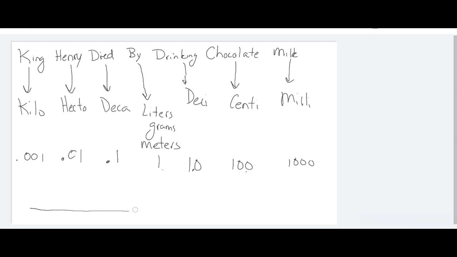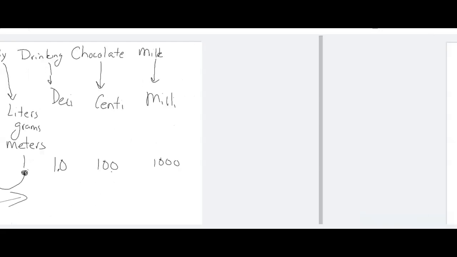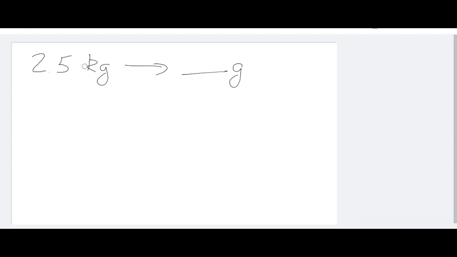And since we are going from kilograms to grams, we start at kilograms and we go once, twice, 3 times to the right in order to get to grams. So let's do the exact same thing. And I'm going to erase kilograms again so we have our space. Write it down below. Once, twice, 3 times. And we add in our zeros and we end up with an answer of 2,500 grams is equal to 2.5 kilograms.